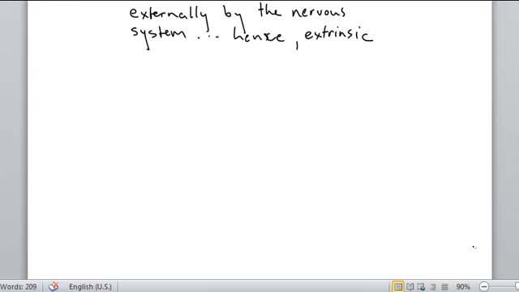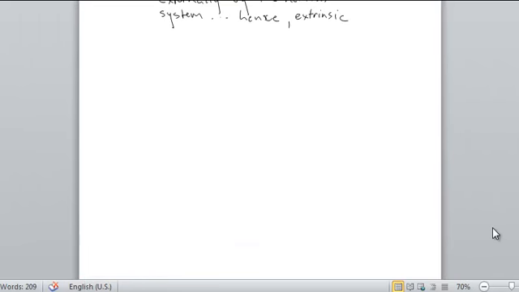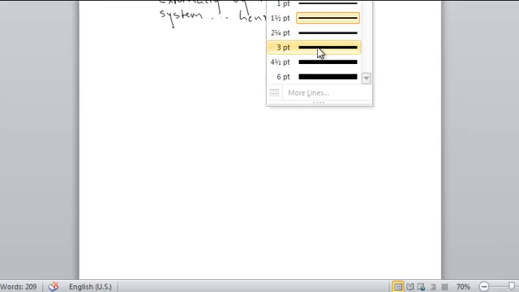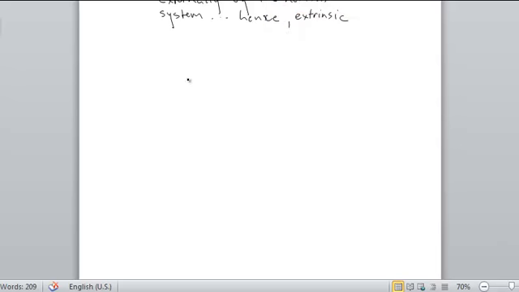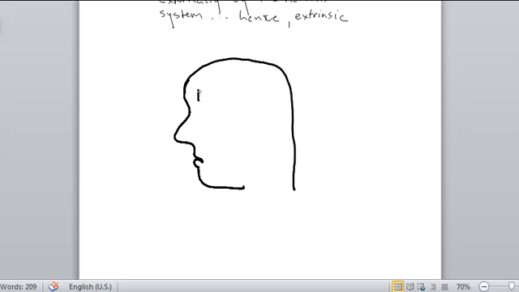Okay, so what we're going to draw here, I'm going to zoom out even a little bit more. I'm going to draw a head. With the brain. Cerebellum, the brain stem with the pons coming down like this.